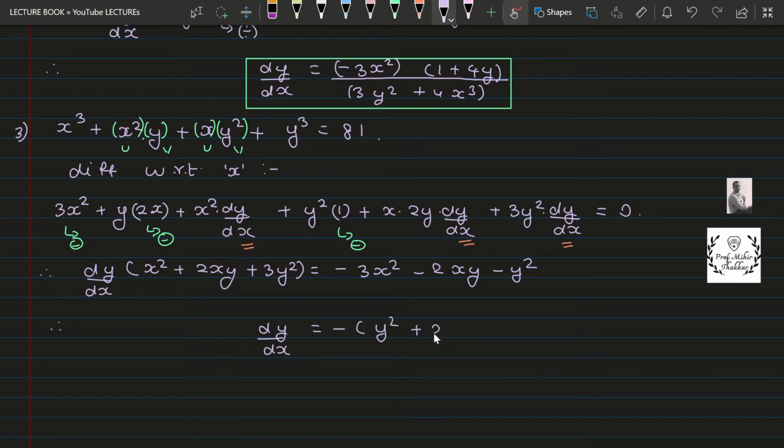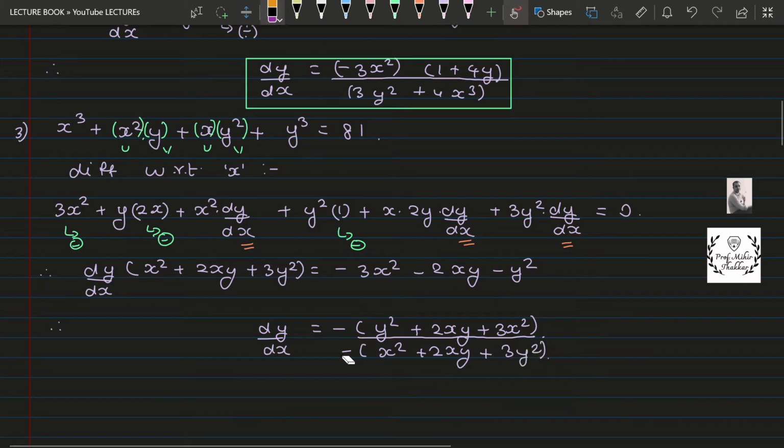So y square plus 2xy plus 3x square divided by, and in the denominator I get over here it as minus of x square plus 2xy plus 3y square. This minus won't come over here, it will be just the denominator as it is. So that is your answer for the sum number.